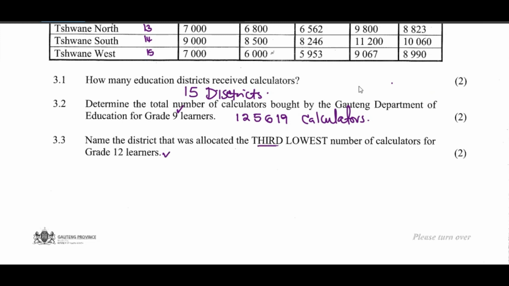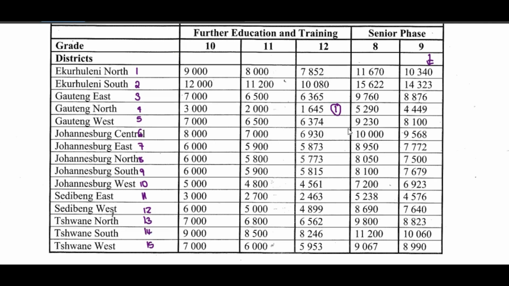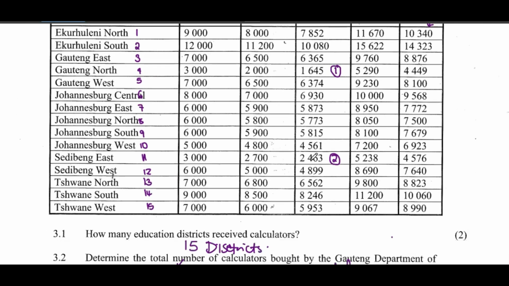All right, name the district that was allocated the third lowest number of calculators for grade 12s. Third lowest. So we shall come to grade 12s. We look for the lowest value. When you look critically, the lowest value is 1,000. This is the first lowest value. You scroll down, you find the 2,000, which is the second lowest. So from 2,000, you're either looking for 3,000 or the next lowest.